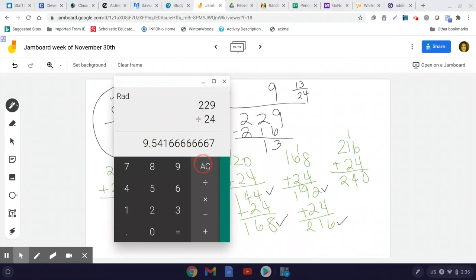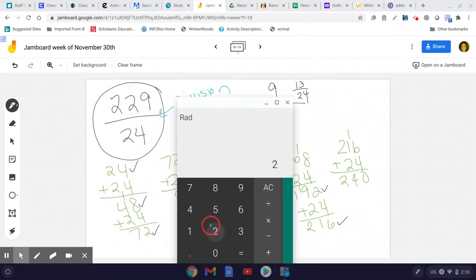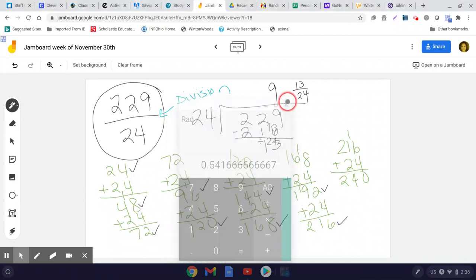So how many pieces is that? 24 times 9 is 216. Yay, that's what I had. So 229 minus 216 is 13. Yay, that's what I had. So that must mean 13 over 24 must be that long decimal. Yep. So I am correct.